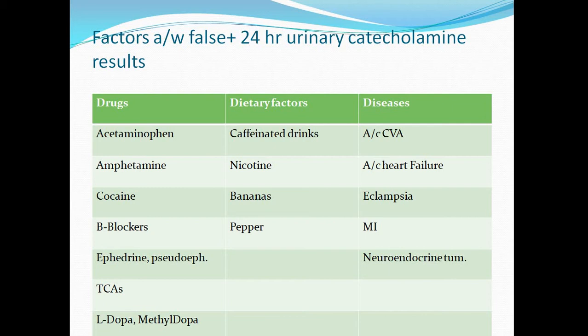Also a few conditions like CVA, heart failure, eclampsia, MI. So before you order the 24-hour catecholamine test, we need to look whether the patient is already on these drugs, or whether they have these underlying conditions, or the patient is a current smoker.